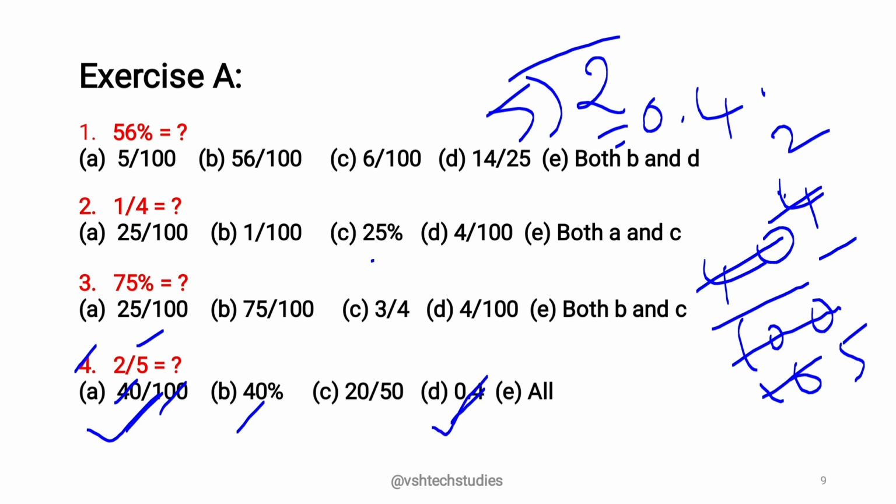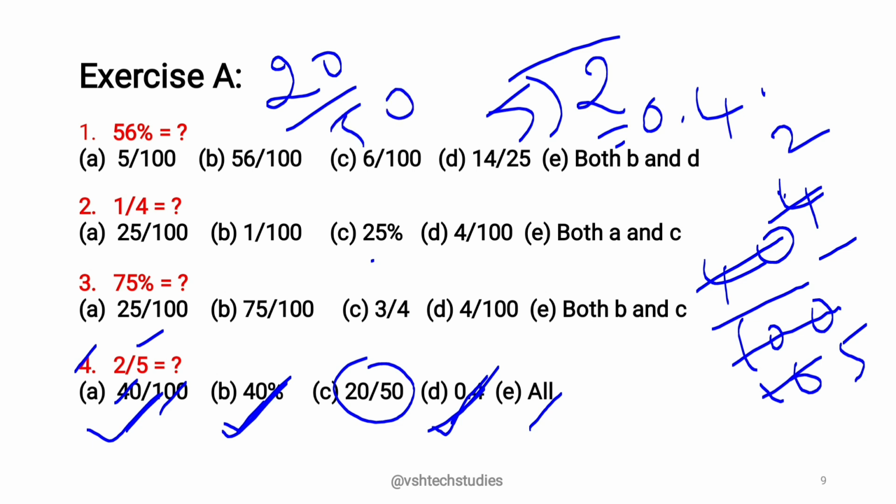Then option D is also correct. Then 40%. 0.4 means it is 40%. Then we have to verify this because all is given here. So 20 by 50, if you cancel 0, it is also equal to 2 by 5.